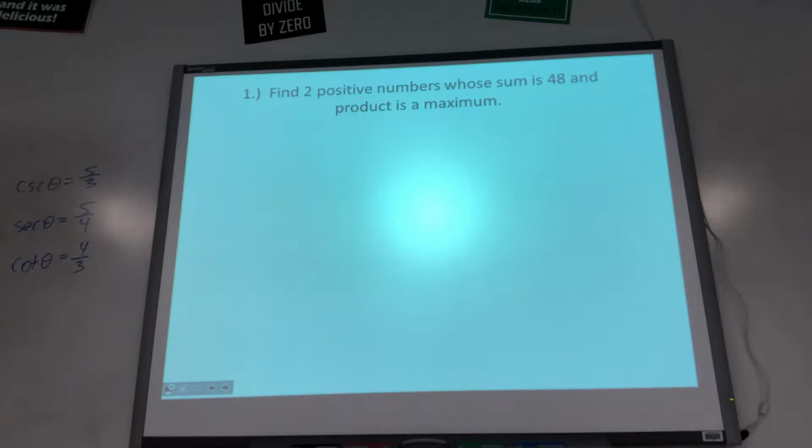Find two positive numbers whose sum is 48. Sum means add, don't forget, and whose product is a maximum.